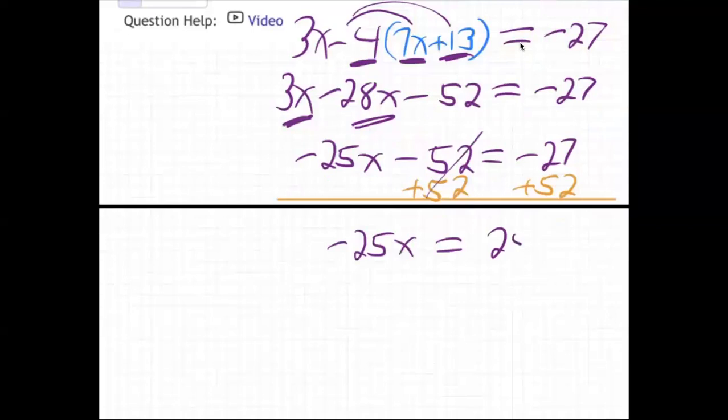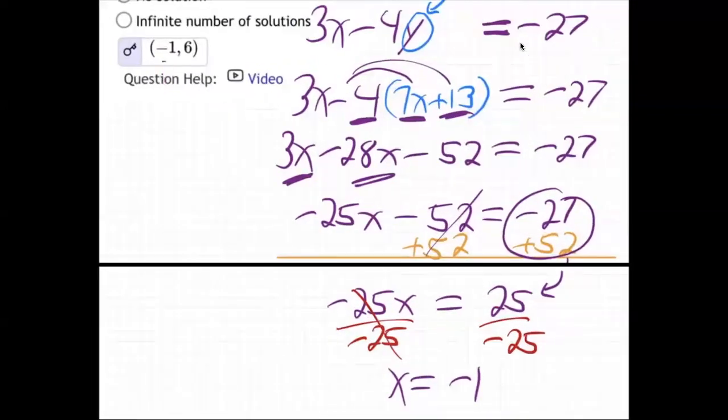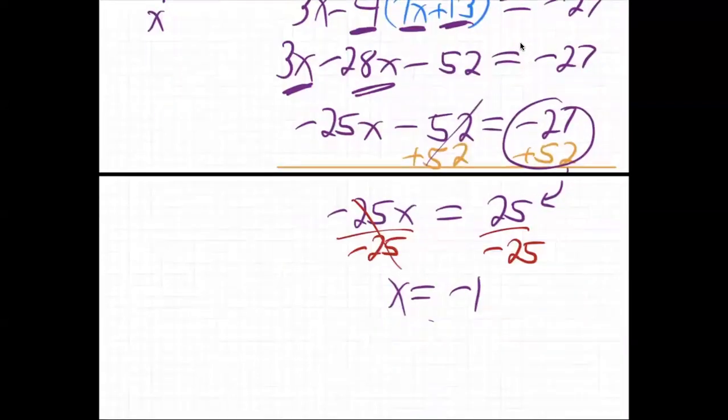I think that's 25, isn't it? Minus 27 plus 52 is, yeah, 25. And then last step, to get x alone, divide by negative 25. Boom. x equals negative 1. And that's in fact the x answer. So x is negative 1.